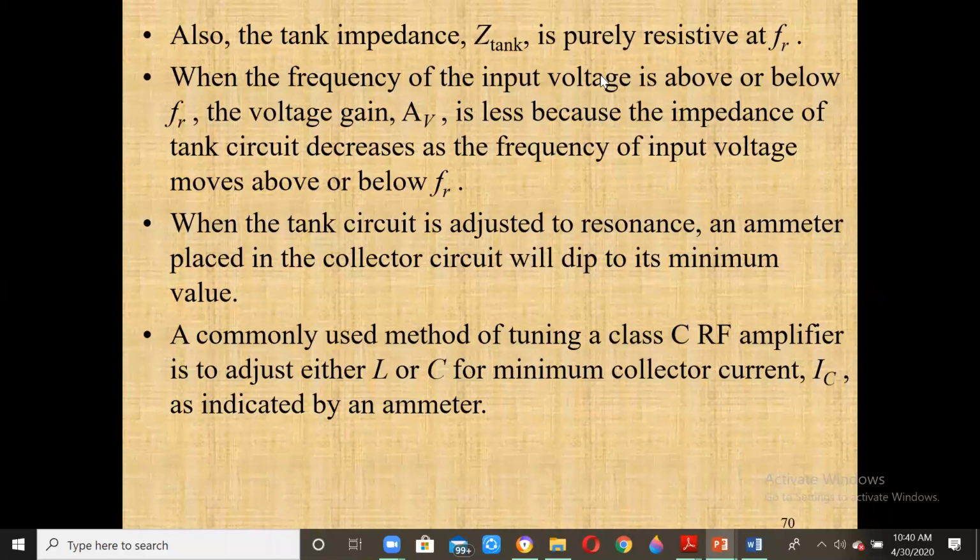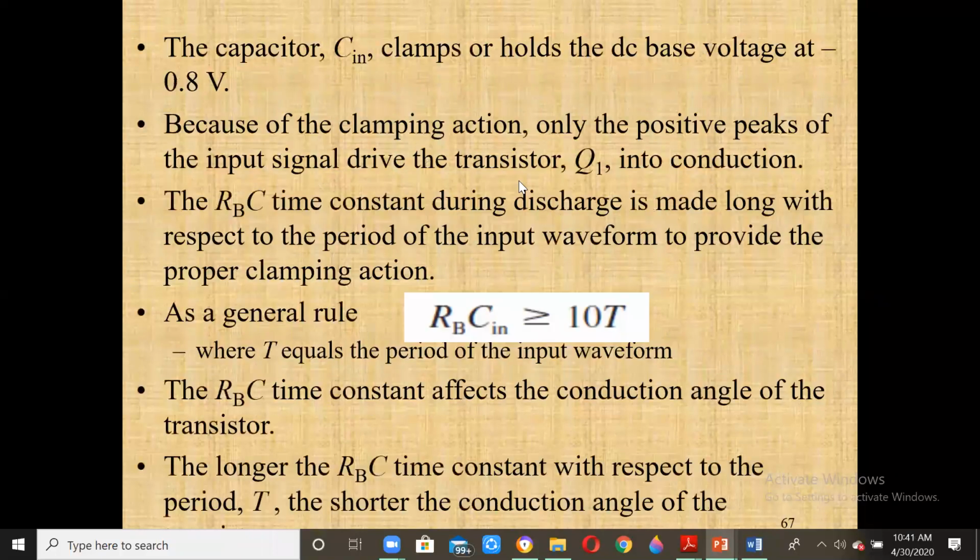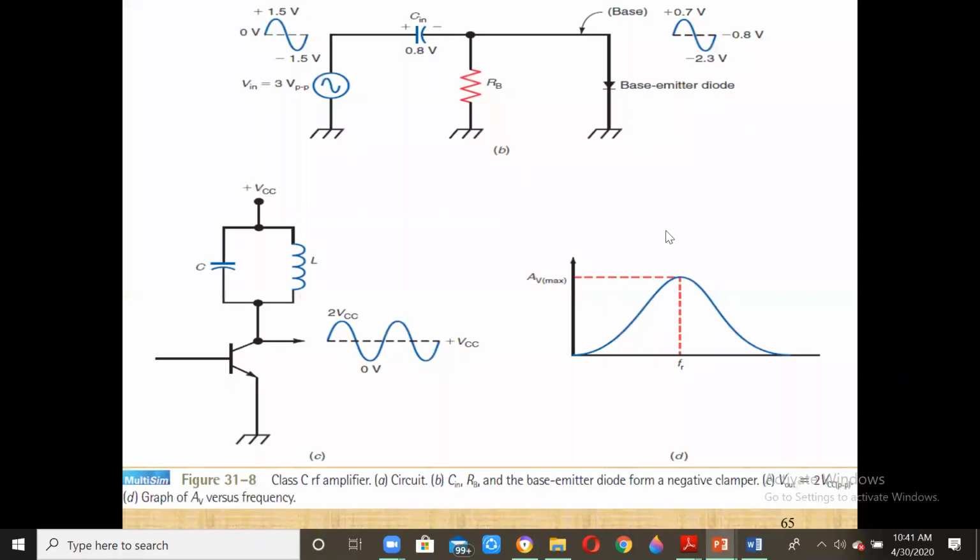When the frequency of the input voltage is above or below FR, the voltage gain AV is less, because the impedance of the tank circuit decreases as the frequency of the input signal moves above or below FR. That is what is shown in the figure. When the frequency is either less or more, the AV value is going to reduce, and it will be maximum when it is FR, only because of Z tank.